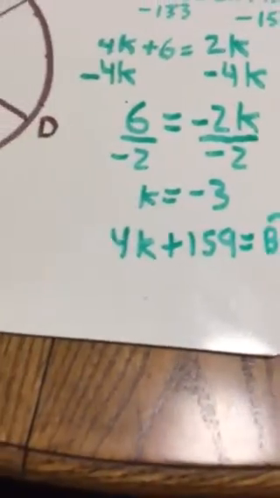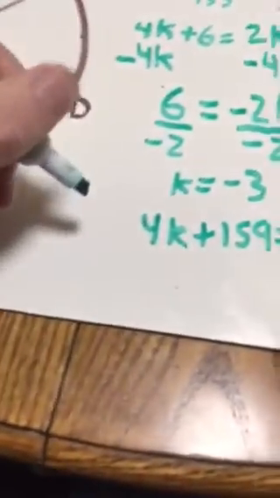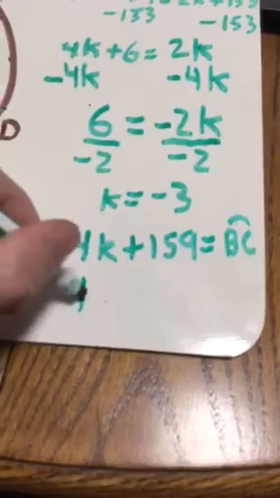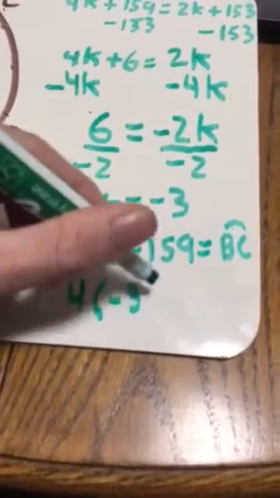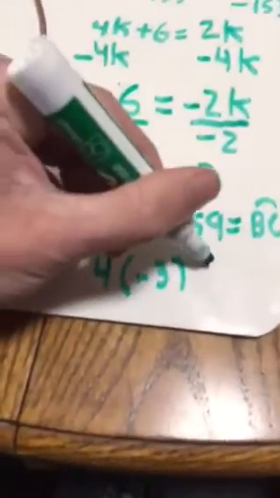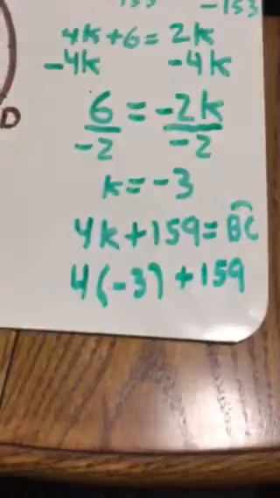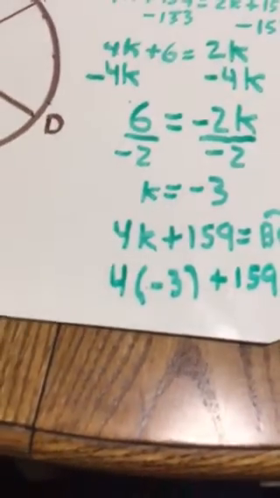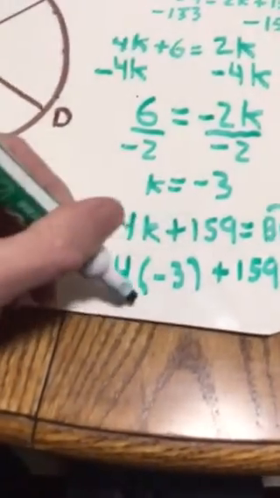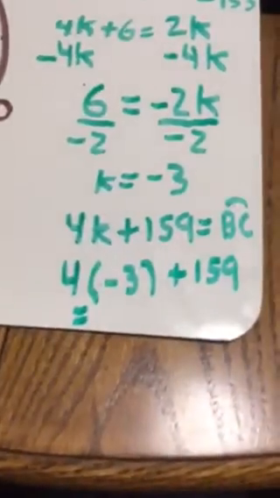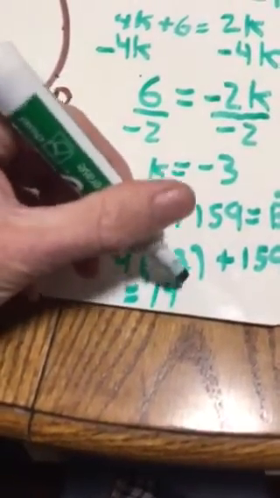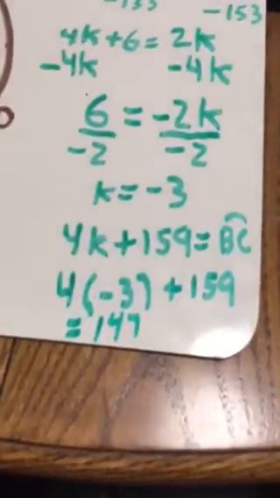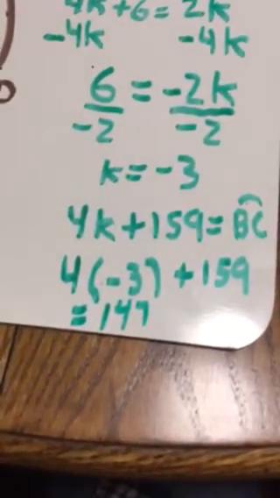We know what K is, so 4 times negative 3 plus 159. When you do that, you get this. 4 times negative 3 plus 159 equals 147. That's a 147 right there.